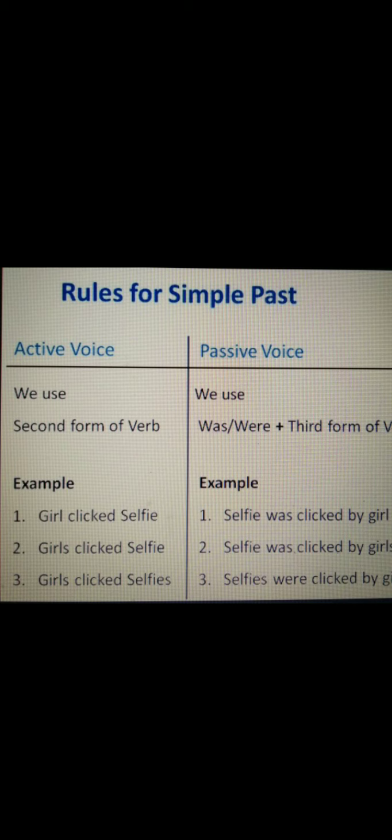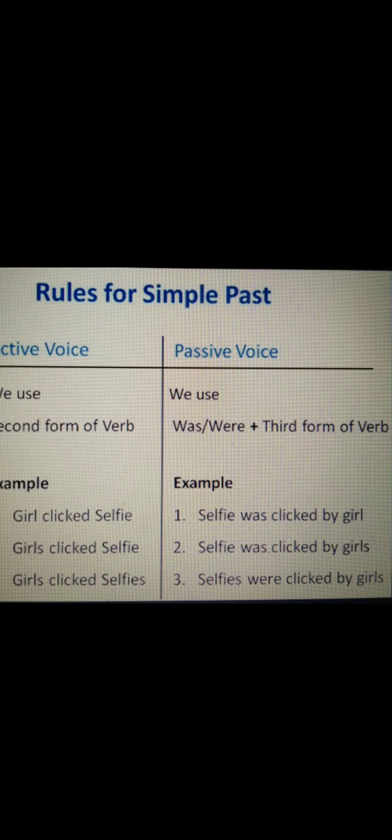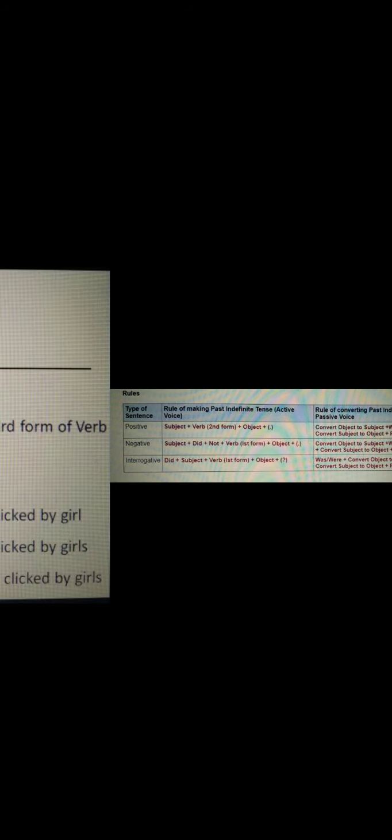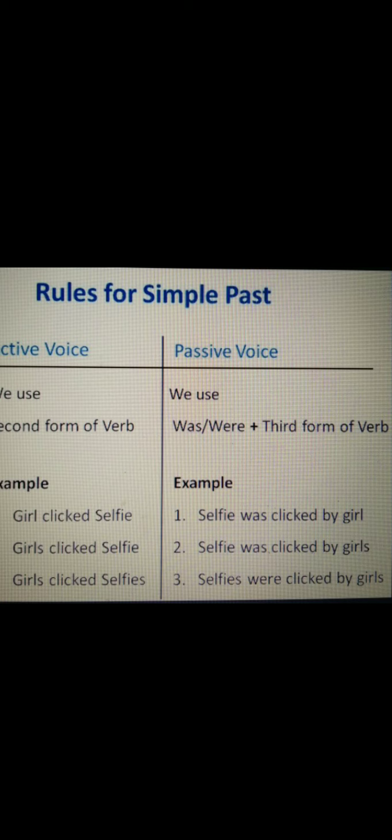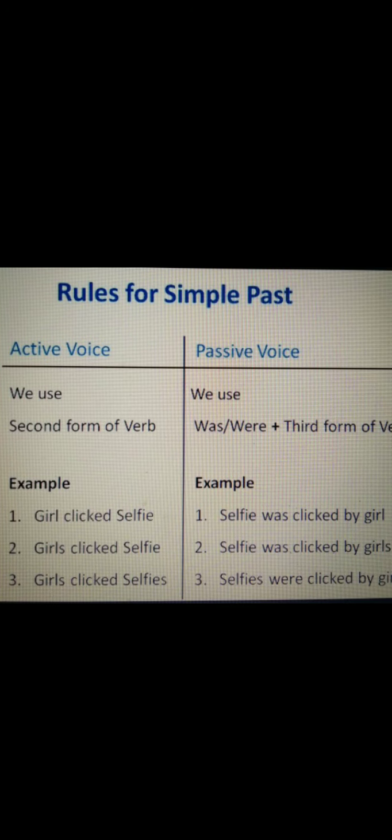Examples are here for rules of simple past, active voice into passive voice. We use second form of verb in active voice in a simple sentence, and in passive voice, as I told you last time, we use was or were, then third form of verb, then the basic part of the sentence. Example: girls clicked selfie.